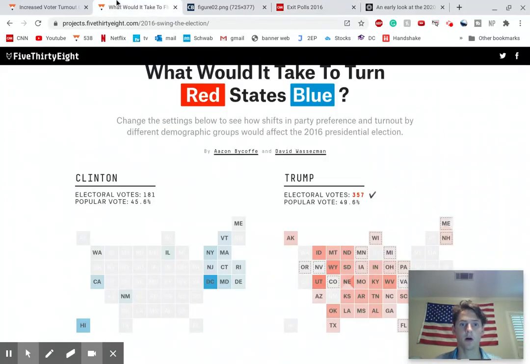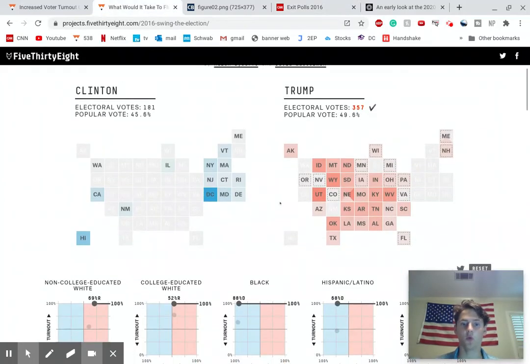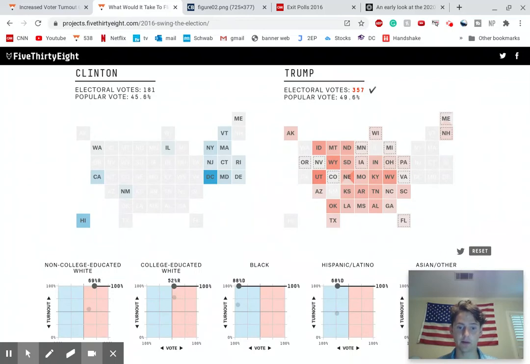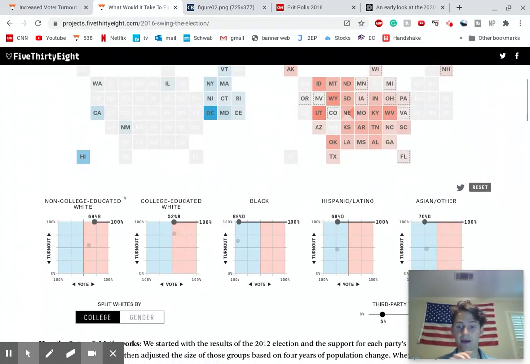So this model will not be perfect to guess the 2020 election because it is weighted at 2012 demographics, what the electorate was in 2012. And also, I think that Biden is going to make gains in certain categories, and also voter turnout is not going to be 100%.